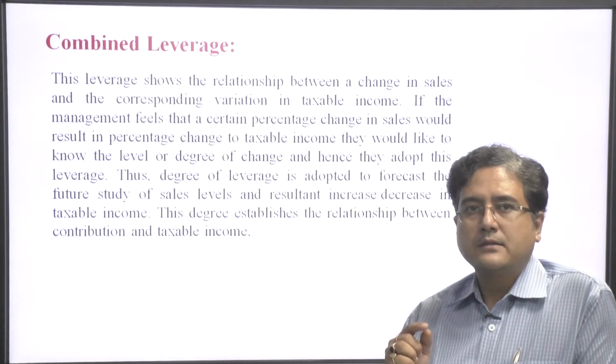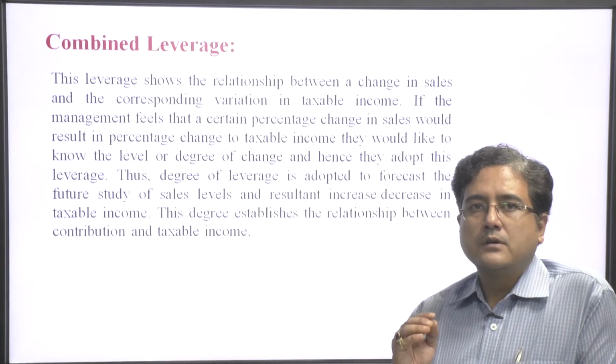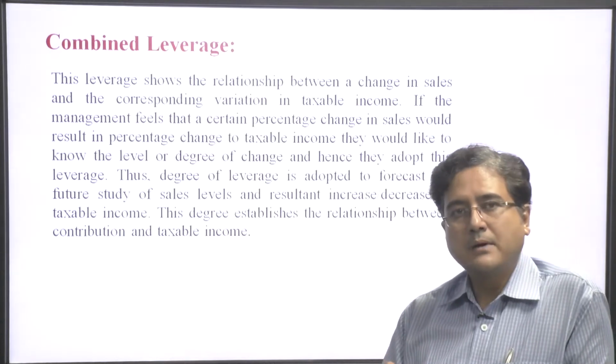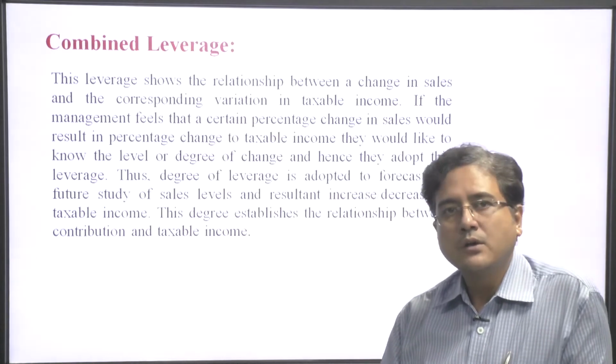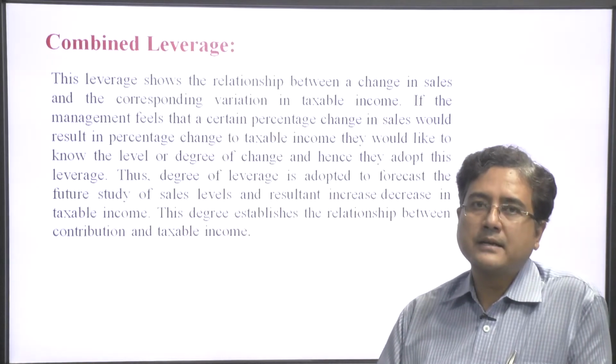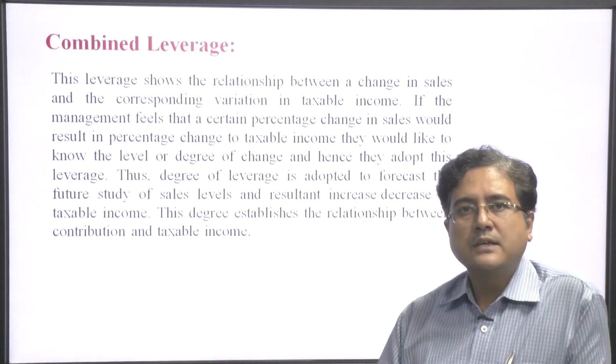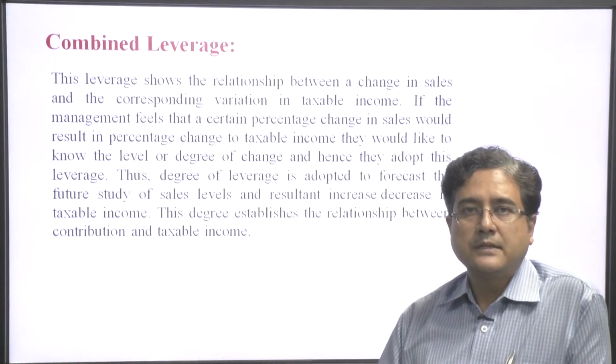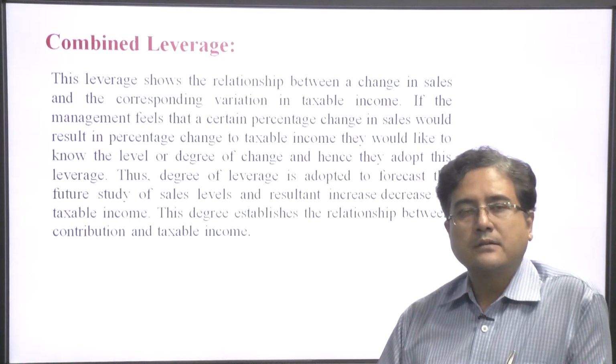Until and unless we receive the amount of the product which we sell in the market, we cannot say we have received an income. It is a kind of hypothetical thing. That is why it is quite difficult sometimes.